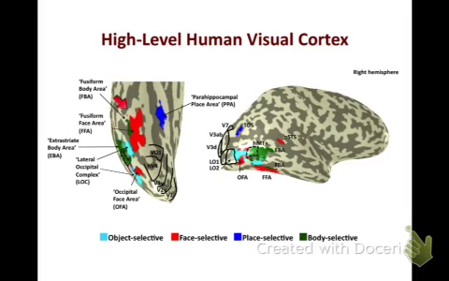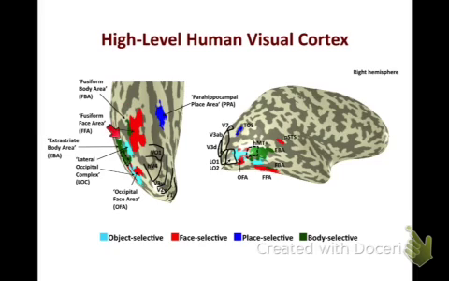For example, the region shown here in red, also named the fusiform face selective area, responds more strongly to faces over other stimuli. In contrast, this region that is about 2 centimeters more medial to it, called the parahippocampal place area, responds more to scenes and places and other stimuli.